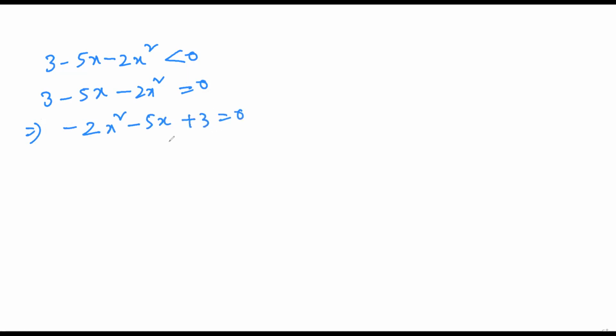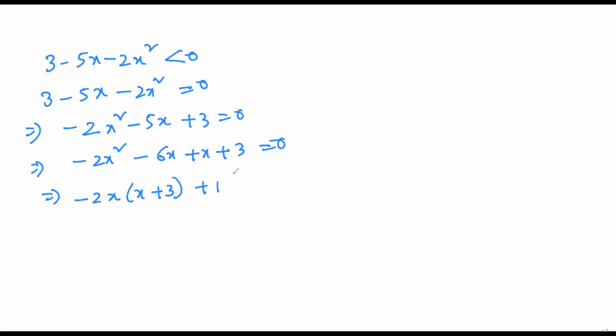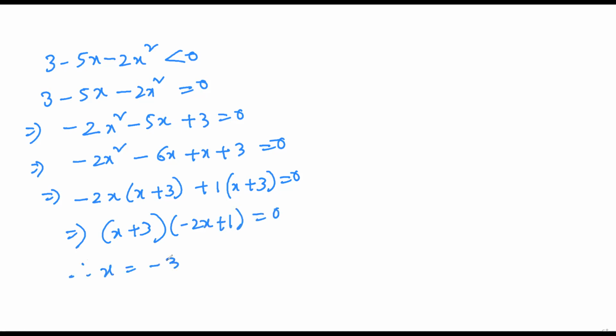So minus 2x square minus 6x plus x plus 3. You see, factorization is okay. Now take minus 2x common, it will be x plus 3. Take 1 common, it will be x plus 3 equals to 0. So it will be x plus 3, minus 2x plus 1 equals to 0.